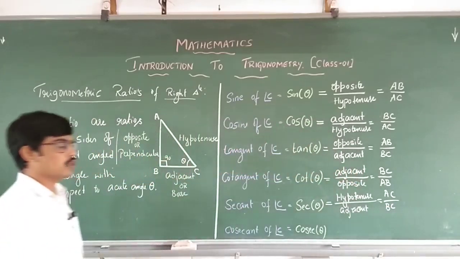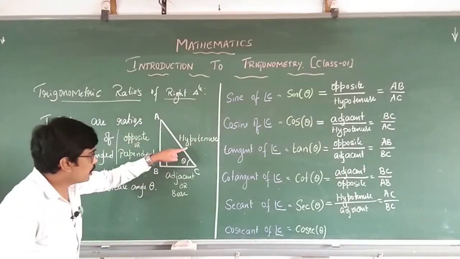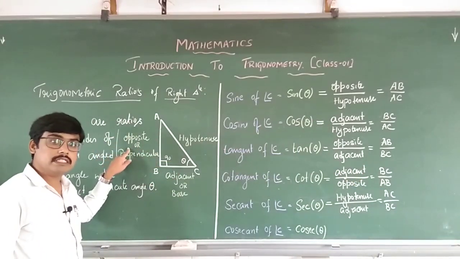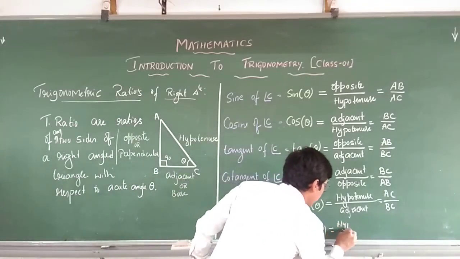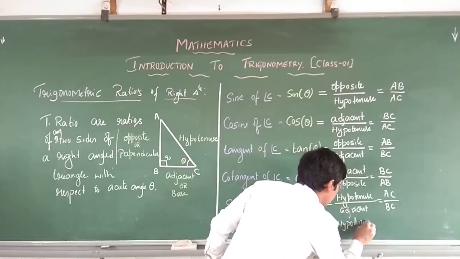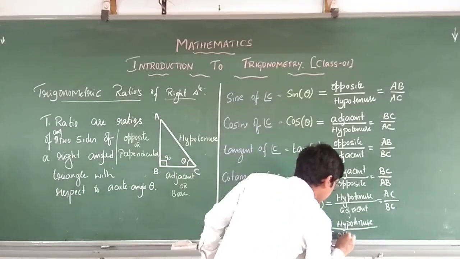The last one, cosecant, is the ratio of hypotenuse to the opposite side of a right angle triangle. It is nothing but hypotenuse divided by opposite.